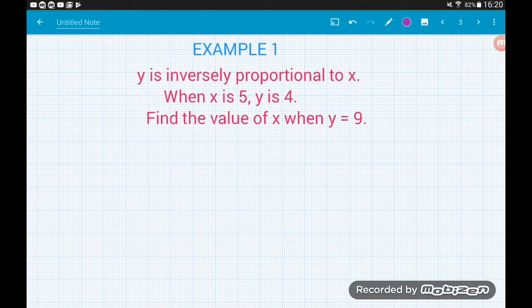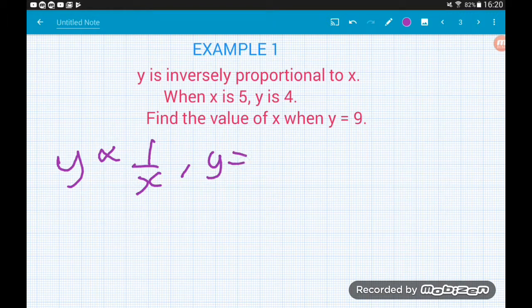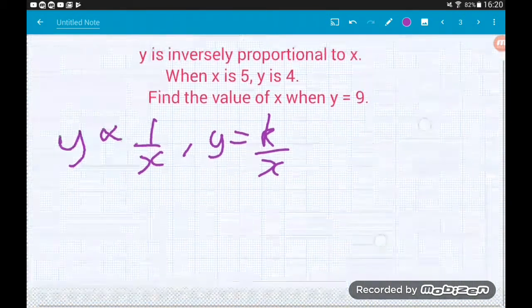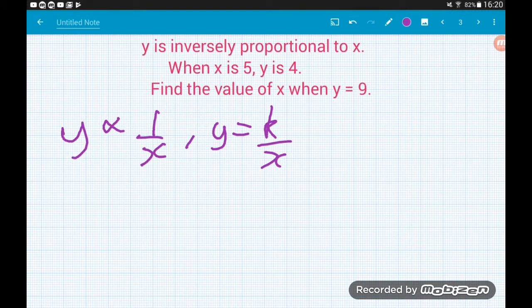So from that, we can write down that y is proportional to 1 over x. And the equation that we're going to be using is y is equal to k over x. So that's the first sentence dealt with. That tells us our proportion and the equation that we're going to be using.